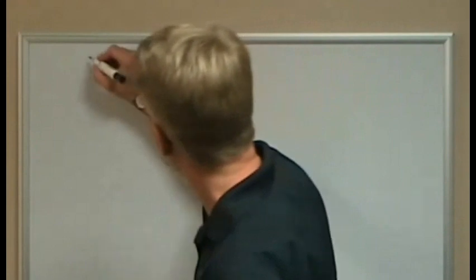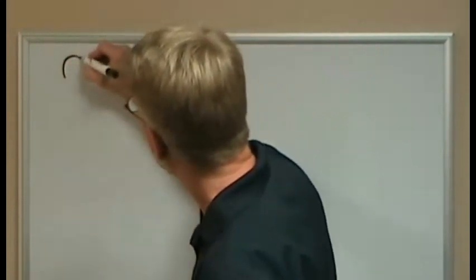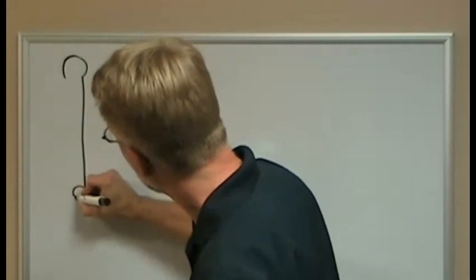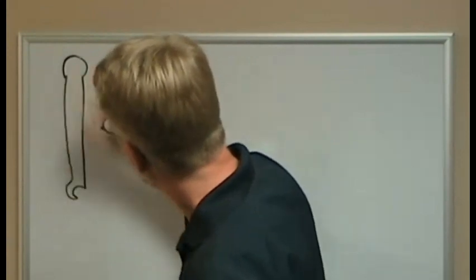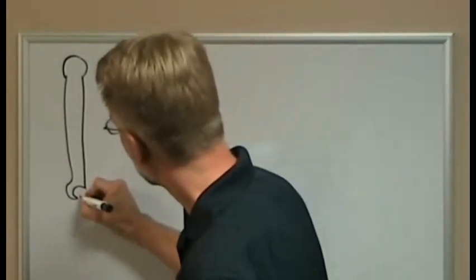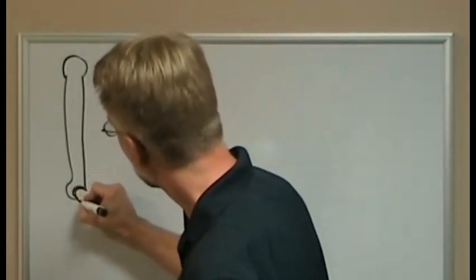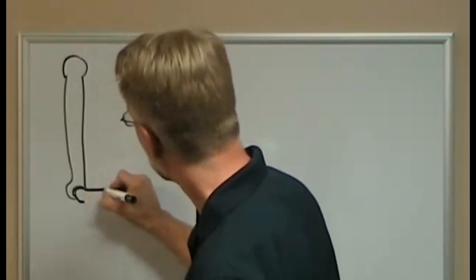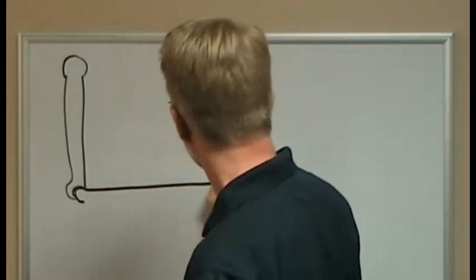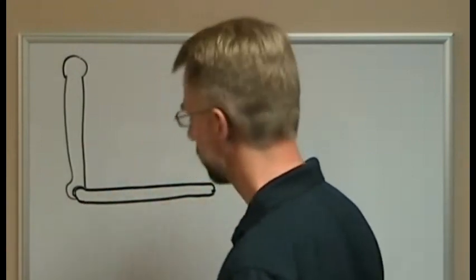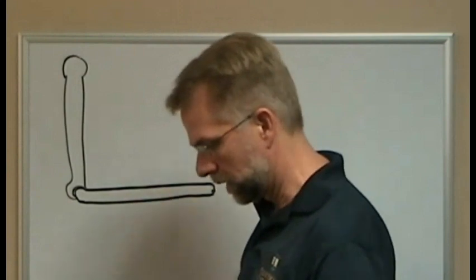So in this case, we'll just draw a humerus bone, okay, and then here we have the ulna. Although you can just kind of consider this to be the forearm if we don't want to get too technical.